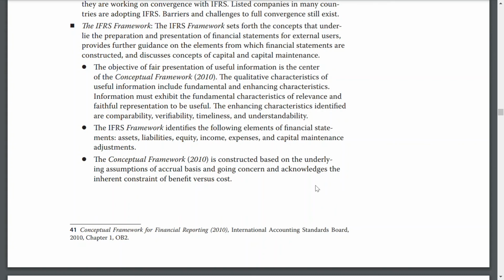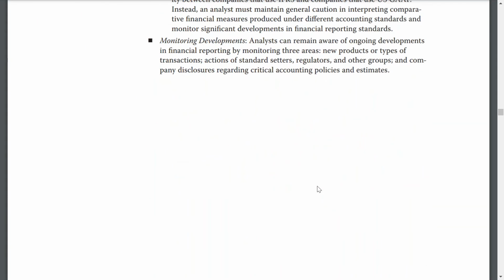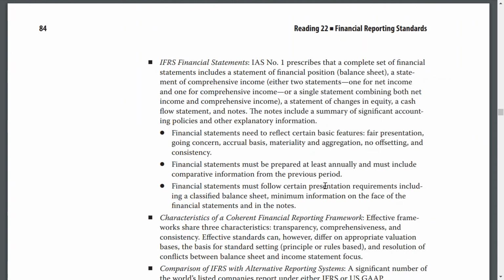The IFRS financial statements standard, IAS 1, prescribes a complete set of financial statements, including a statement of financial position, a statement of comprehensive income, a statement of changes in equity, a cash flow statement, and notes. The notes include a summary of significant accounting policies and other explanatory information. Financial statements need to reflect certain basic features: fair presentation, going concern, accrual basis, materiality and aggregation, no offsetting, and consistency.